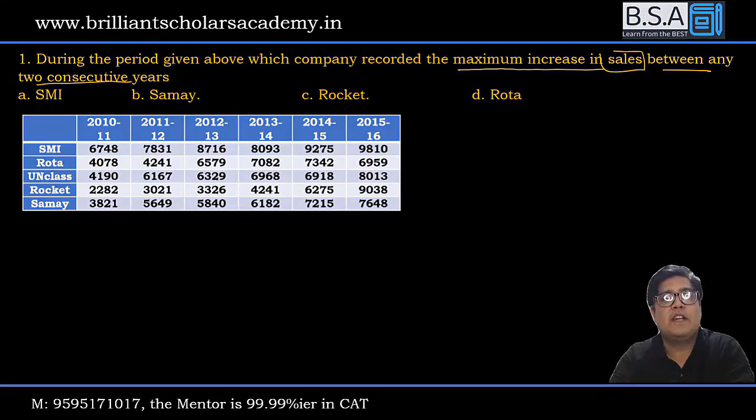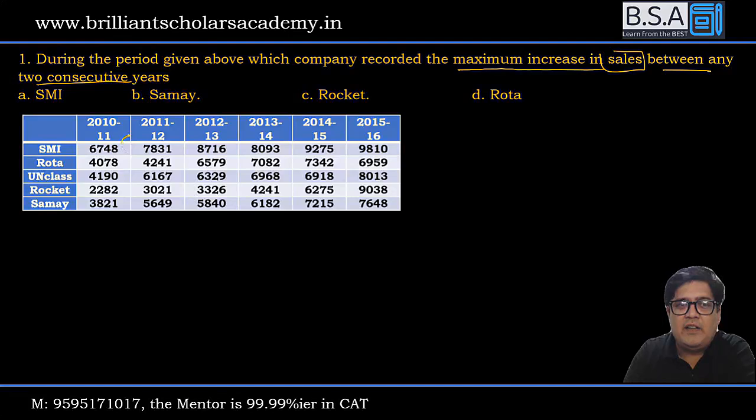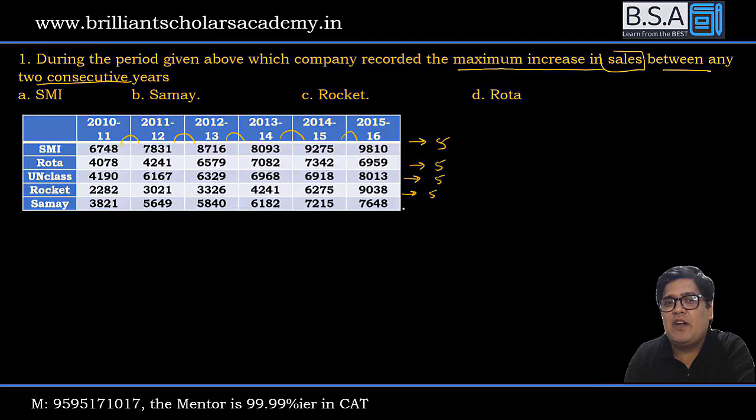Any 2 consecutive years. That means for SMI, you have to calculate here, here, here, here, here. So for every company, you have to find 5 increases. 5 increases for SMI, 5 for Rota, 5 for Unclasses, 5 for Rocket, 5 for Samay.